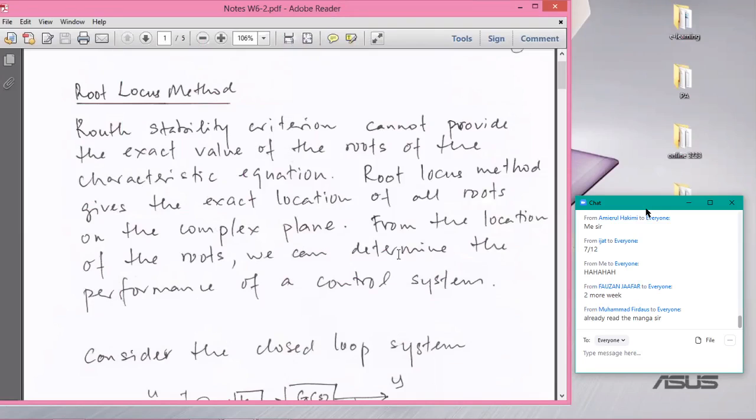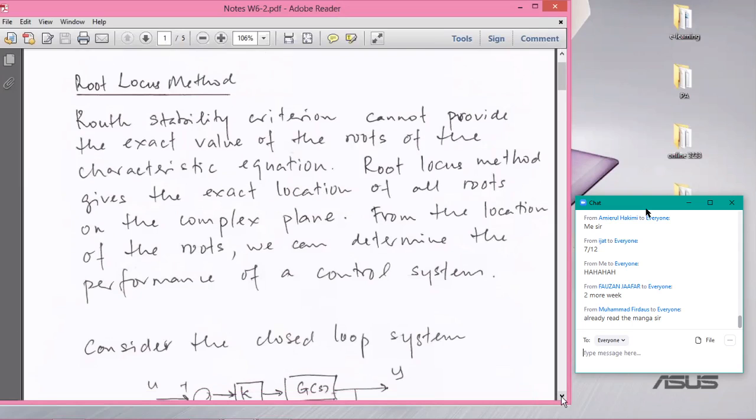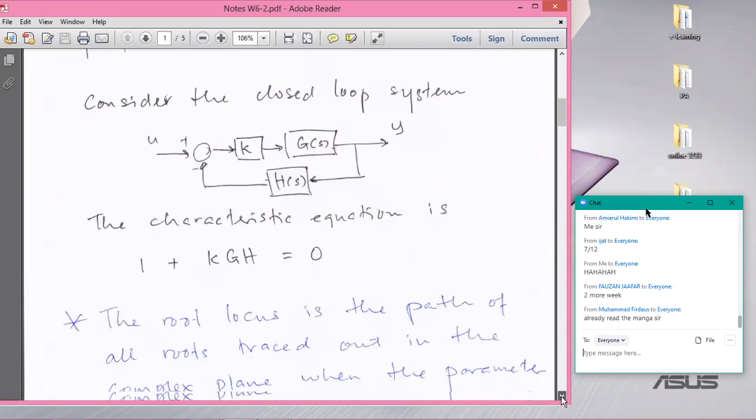From the location of the roots, we can determine the performance of a control system. The exact performance of a control system will depend on the location of the roots on the complex plane. So how do we do that? How do we trace out the location of the roots of the characteristic equation?